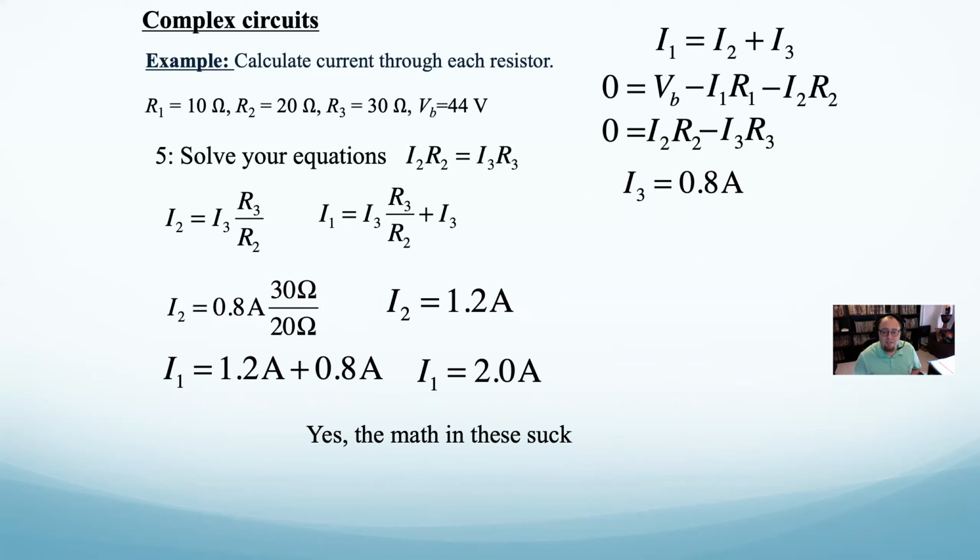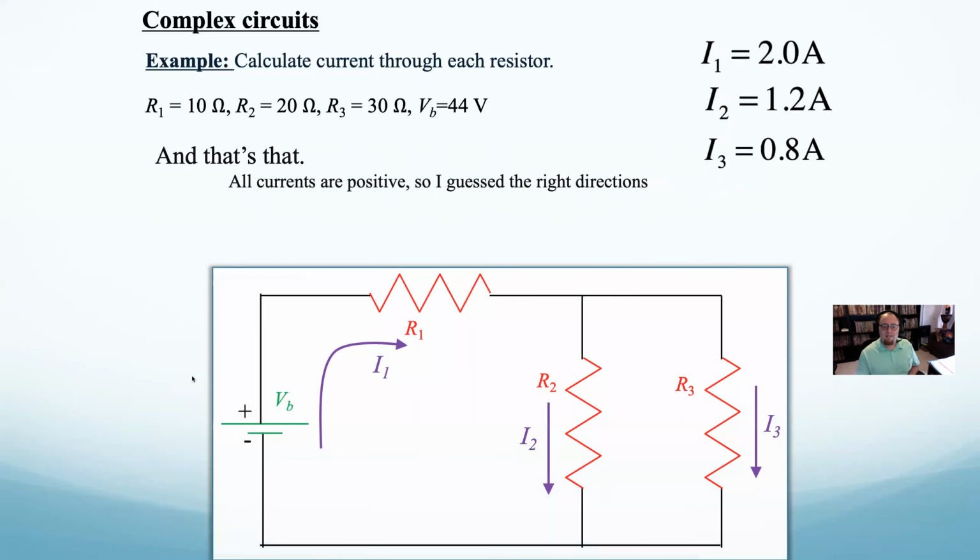Once you have your equations, you'll rearrange however you need to. Okay? So, when I did this, all of my answers were positive. That means all of my guesses for the direction of I were correct. And so I know the direction of each I and the value of each I. That's what this told me.